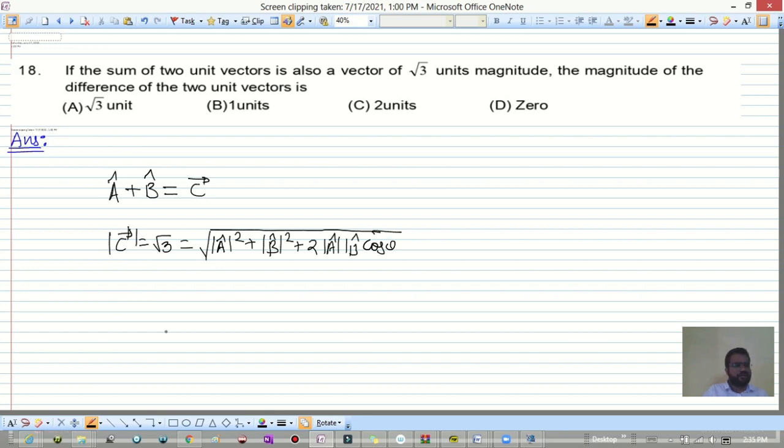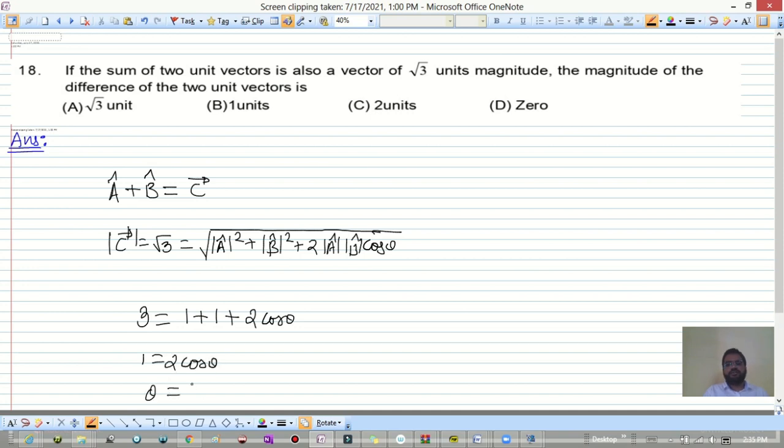Firstly, we'll calculate what is the angle. So it will be 3 is equal to, what is the magnitude of a hat squared? It will be 1. Magnitude of b hat squared, it will be 1. 2 into magnitude of a hat into magnitude of b hat is 2 cos theta. So if you solve this, you will get 1 is equal to 2 cos theta. So theta is equal to cos inverse 1 divided by 2, which is 60 degree. So we have two unit vectors.